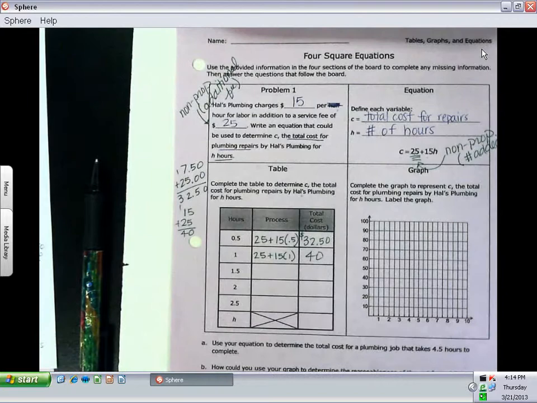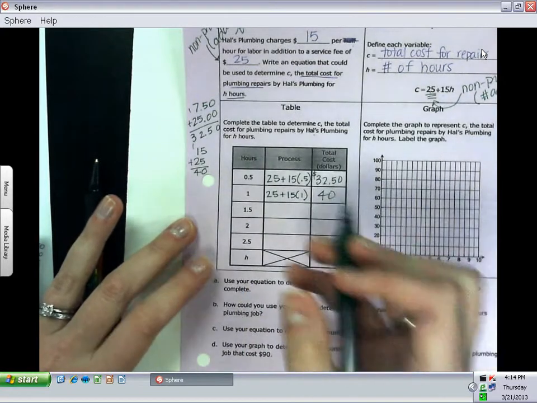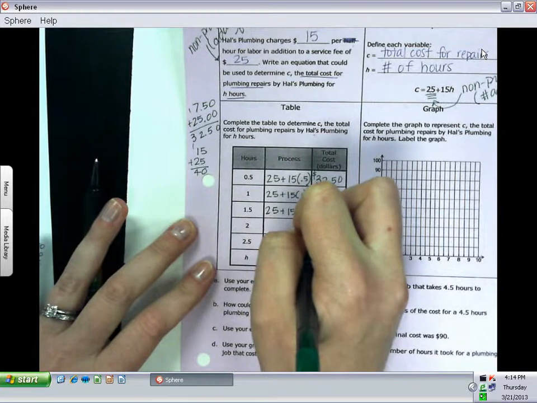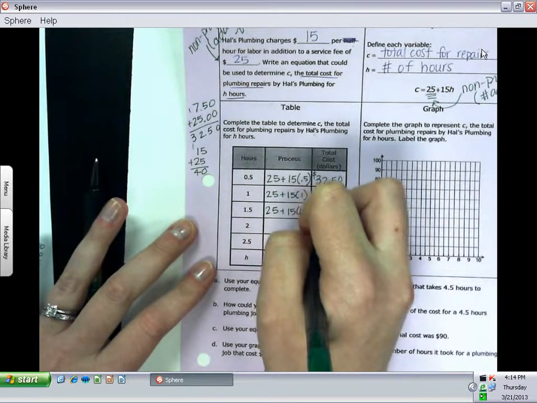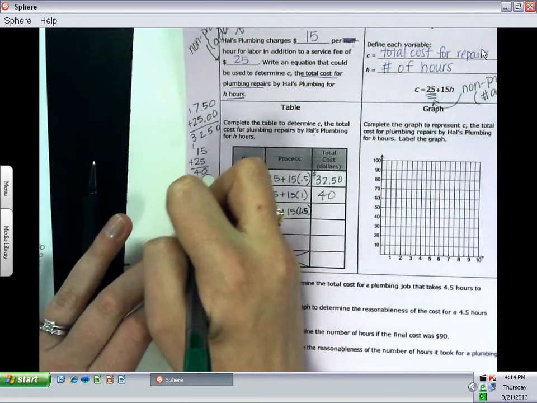And it's increasing like it should because there's an addition sign in the problem. So now we need to go and fill in the rest. 25 plus 15 times 1.5. So I'm going to do 15 times 1.5.